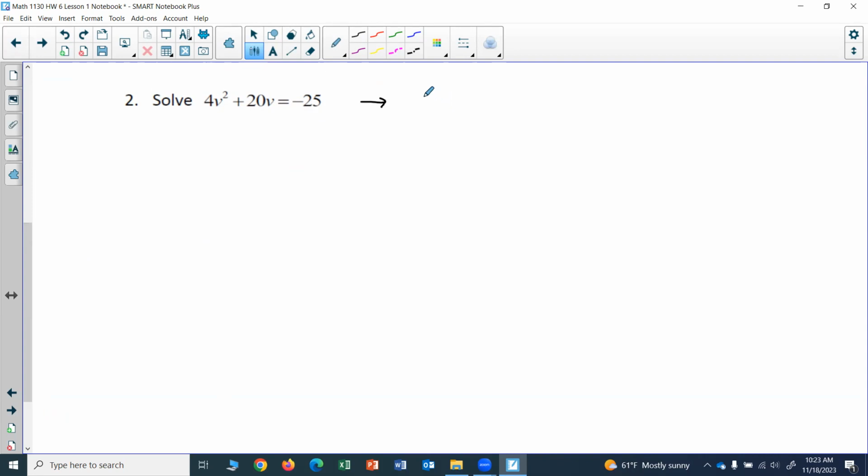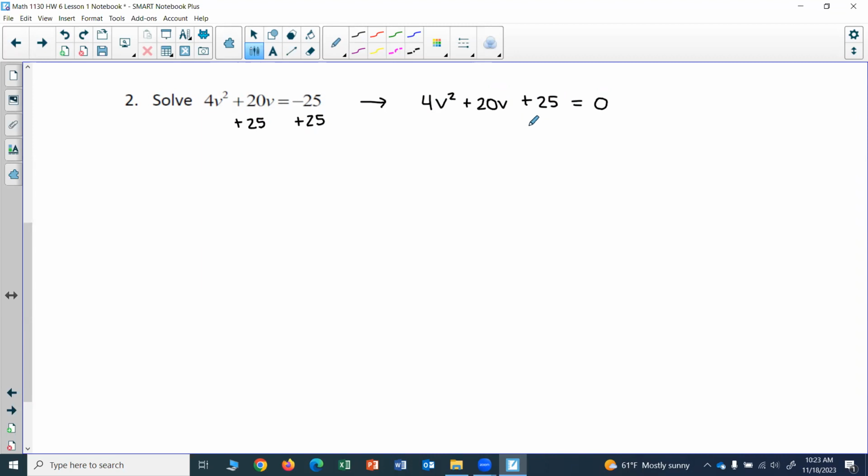So I'll rewrite this as 4v squared plus 20v plus 25, because when I'm moving this over, I have to add 25 to the right side to get the negative 25 to cancel, and add 25 to the left side of the equal sign. So I get 4v squared plus 20v plus 25 equals 0.